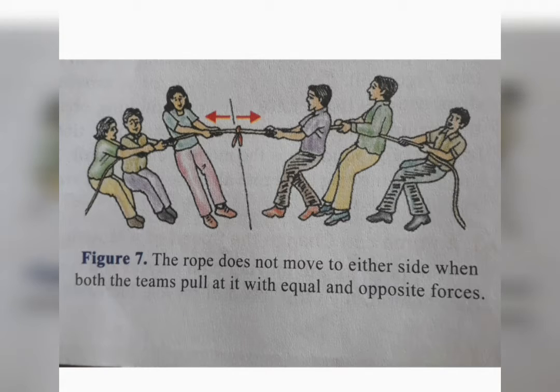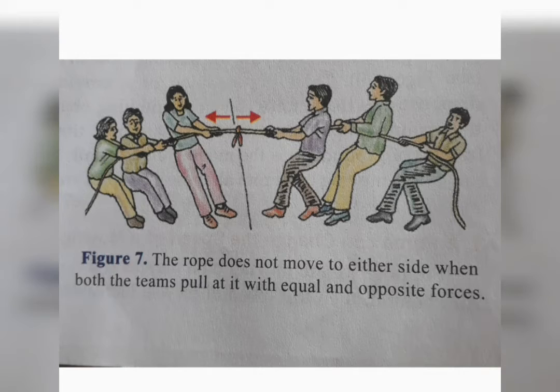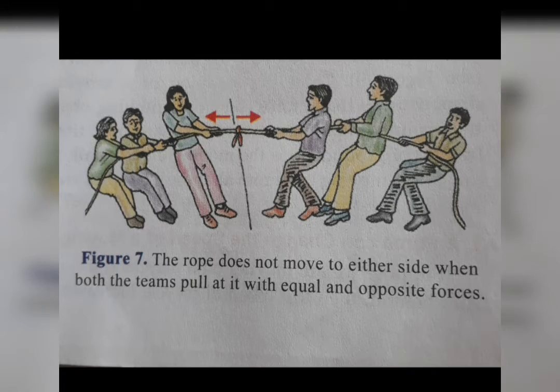Now tell me, if the two teams pull the rope equally hard, applying equal forces, will the rope move in any direction? No, the rope does not move in any direction. At this point, two teams are applying equal but opposite forces because they are pulling on their side, due to which the net force acting on the rope is zero and hence the rope does not move.